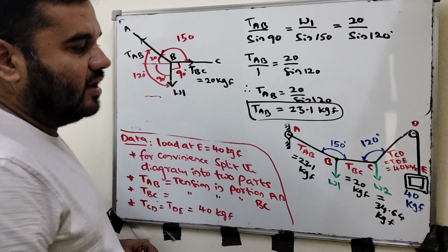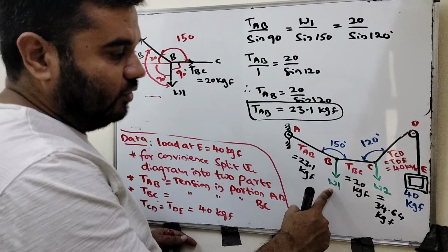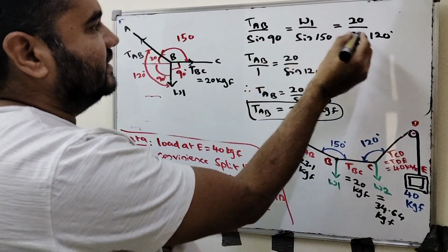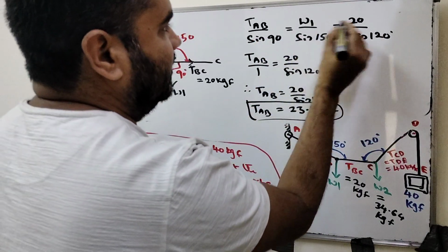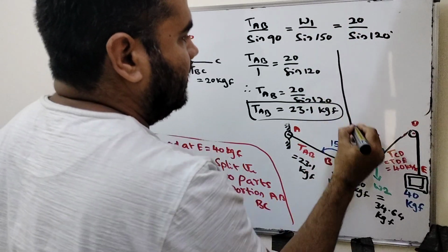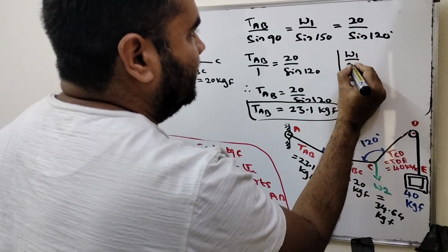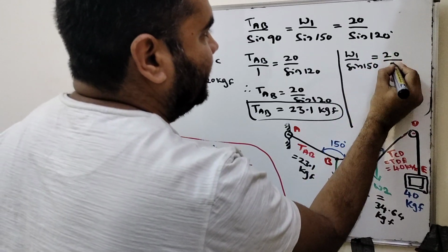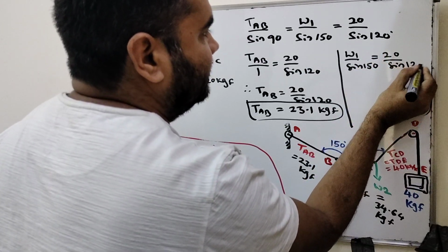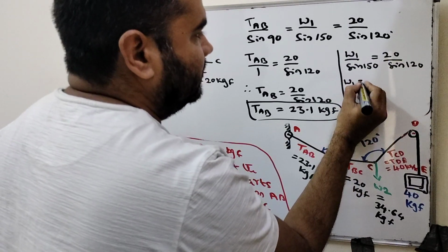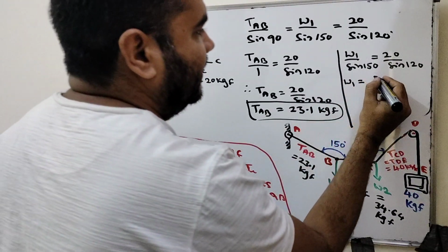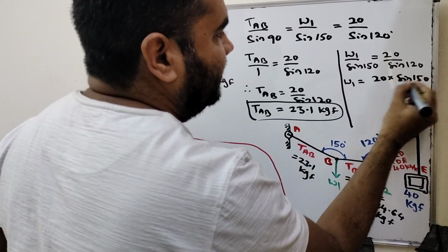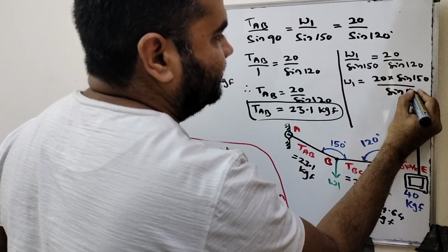We found that. Now we have to calculate the load W1. Again equate, this and this, that is, these two equations. W1 divided by sine of 150 equals 20 divided by sine of 120. Therefore W1 equals 20 into sine of 150 divided by sine of 120.